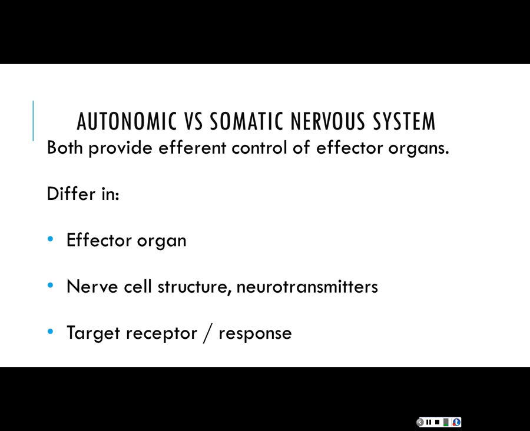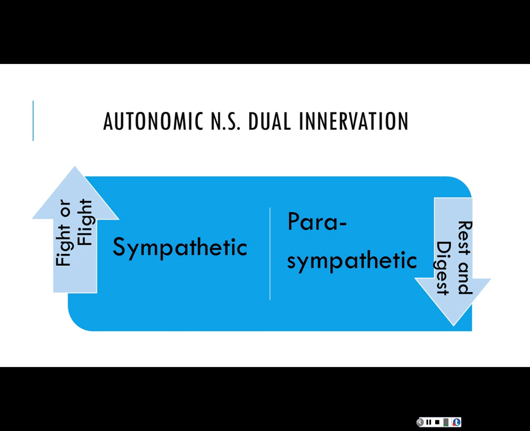And so I'm going to utilize this term called dual innervation. On your notes, I'm going to circle this word right there. This term, dual innervation. Our internal organs are dually innervated by both subdivisions of our autonomic nervous system.